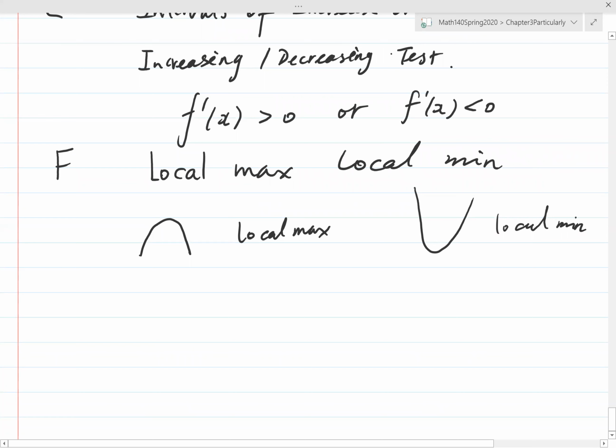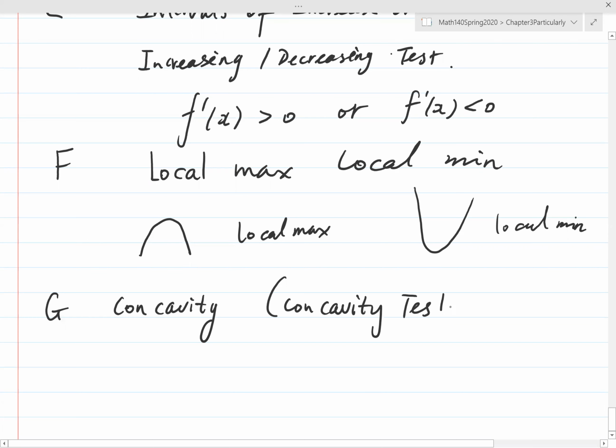And then concavity. We use the concavity test to determine its concavity, and inflection points.